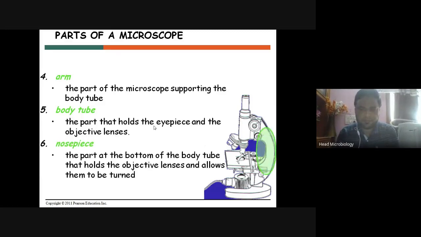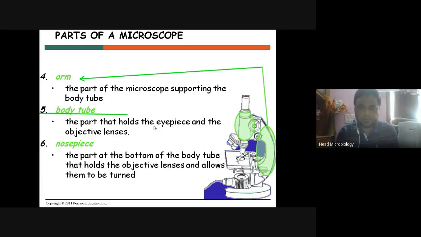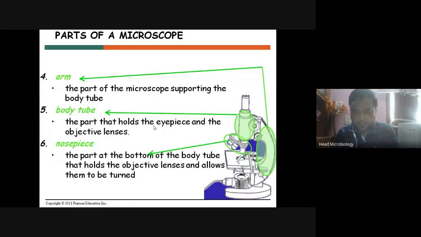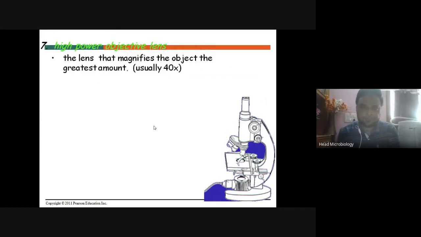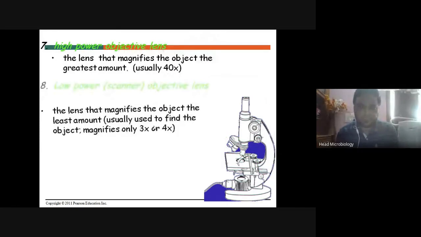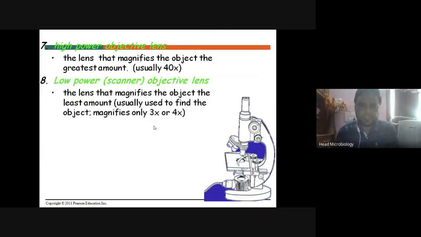This is the body tube, and this is the nose piece. The nose piece's purpose is to choose among the multiple objectives located there, the one required for our application. I told you objectives are of three types: screening, high power, and oil immersion.